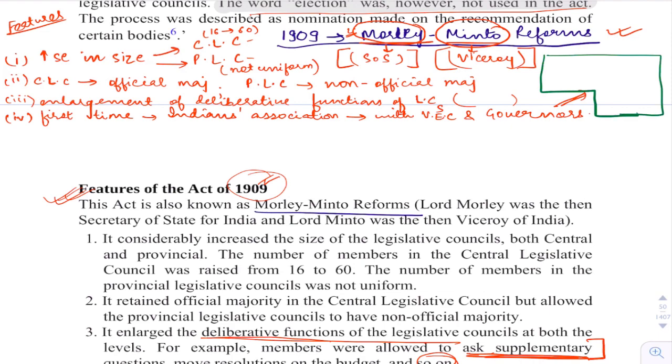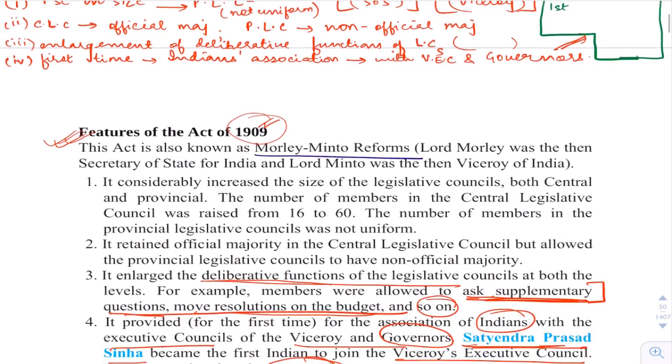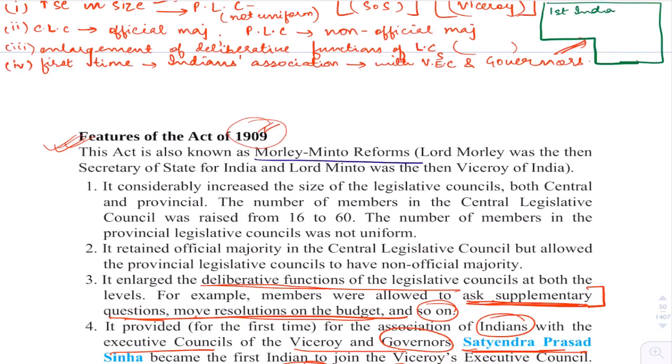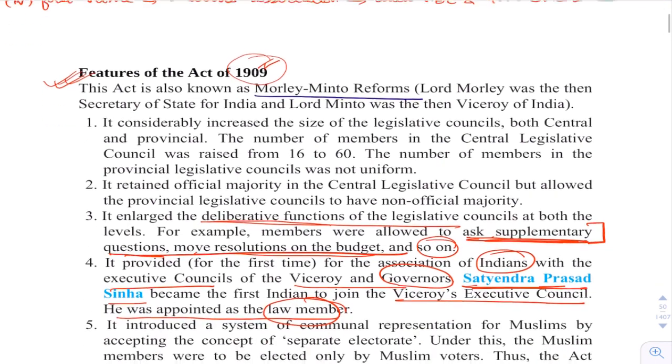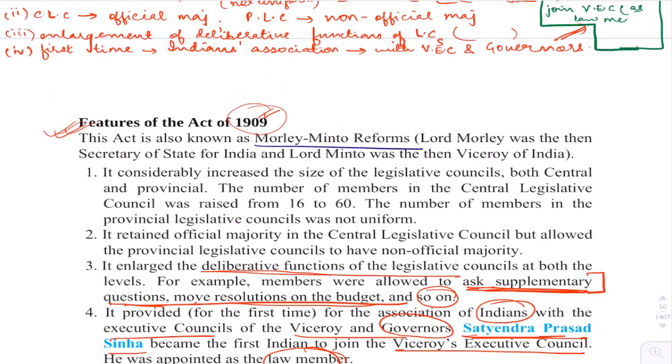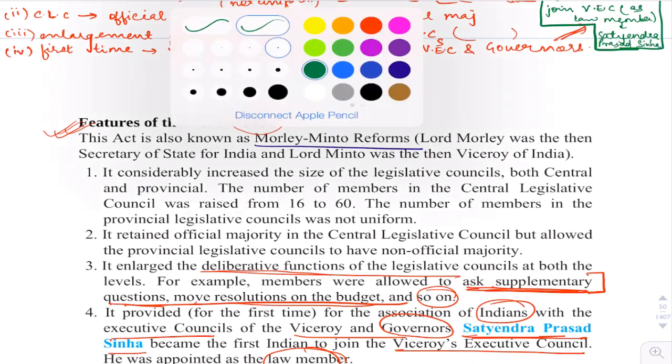So you can just write first Indian to join Viceroy Executive Council as law member. So who was that first person? Satyendra Prasad Sinha. So that was another feature.